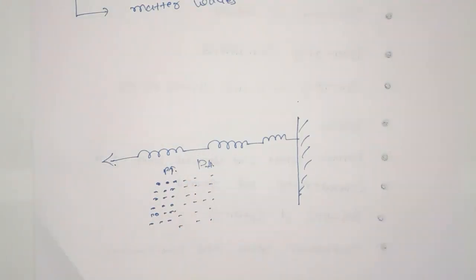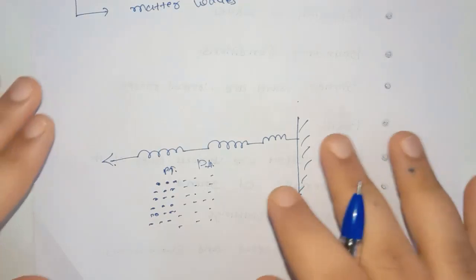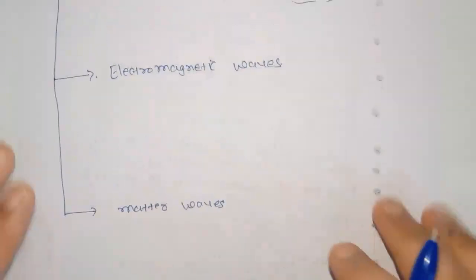Now, in this way, disturbance is propagated through the air in the form of compressions and rarefactions. So, this was about the wave. The definition of wave, that is the transfer of energy and not the transfer of actual matter or medium. Now, let us see different types of waves.